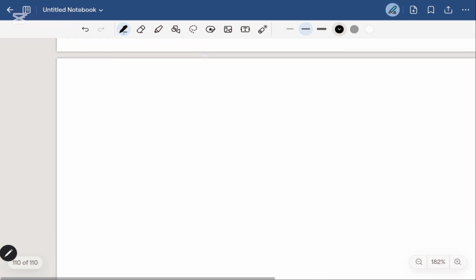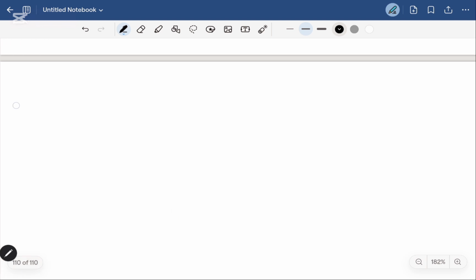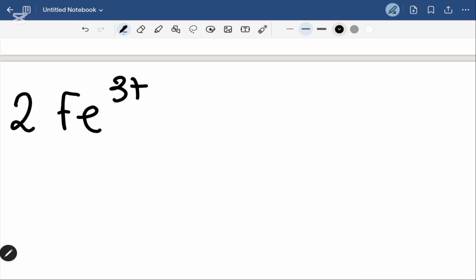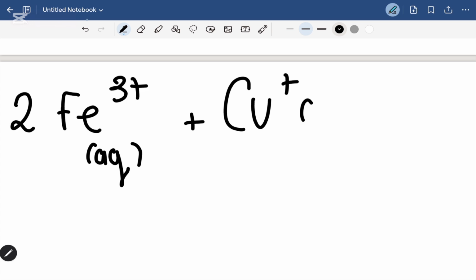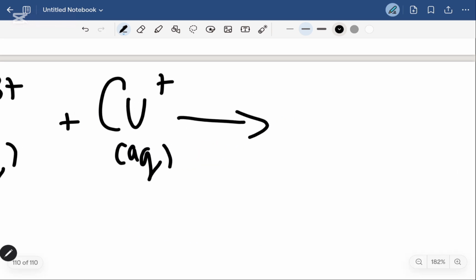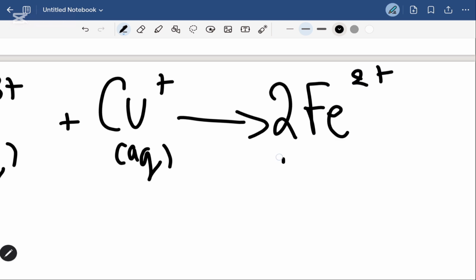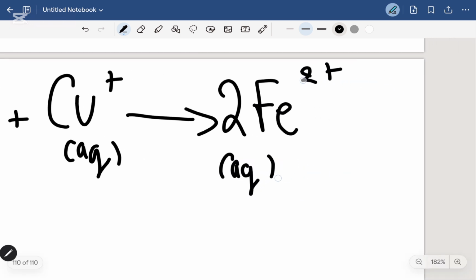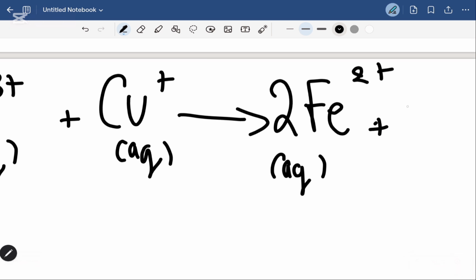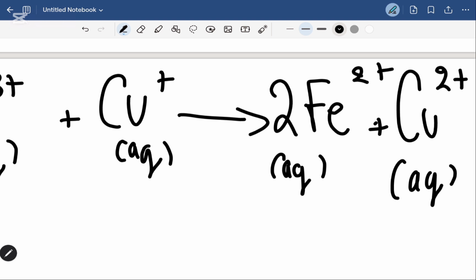Just a very simple example I'm going to give is 2Fe3+, aqueous, in addition to Cu+, also aqueous, is going to give us 2Fe2+, which is also aqueous, in addition to Cu2+, which is also aqueous.